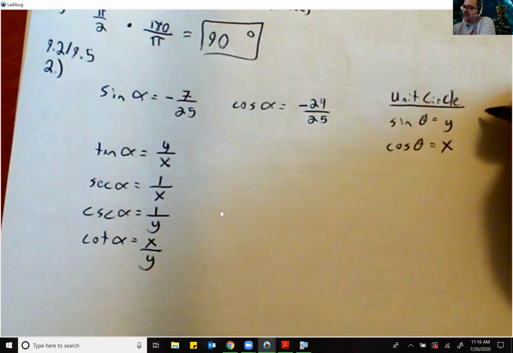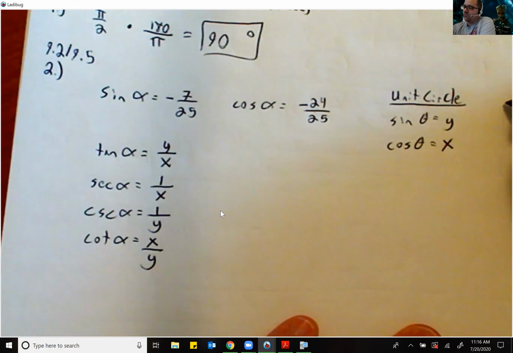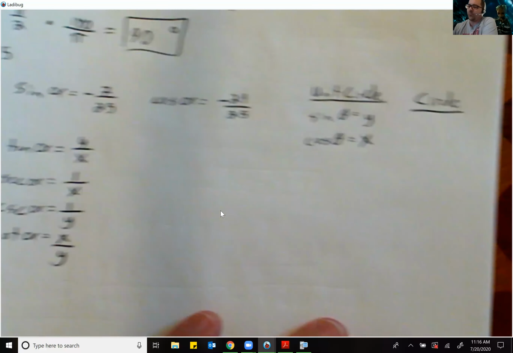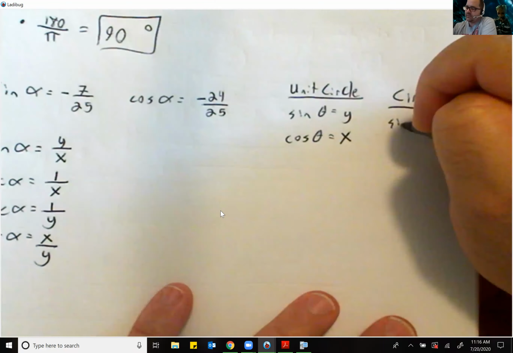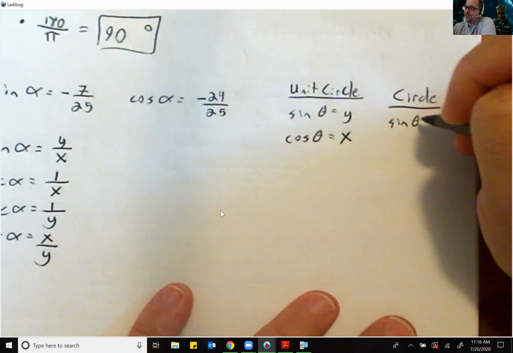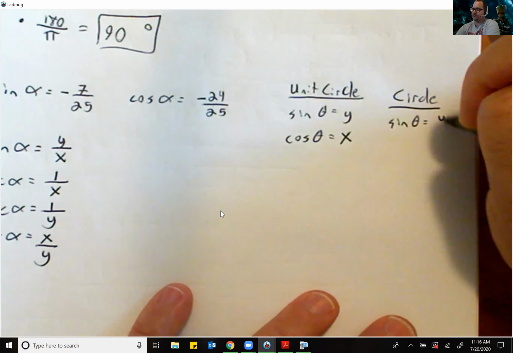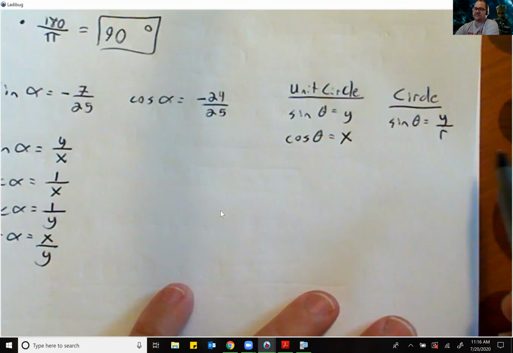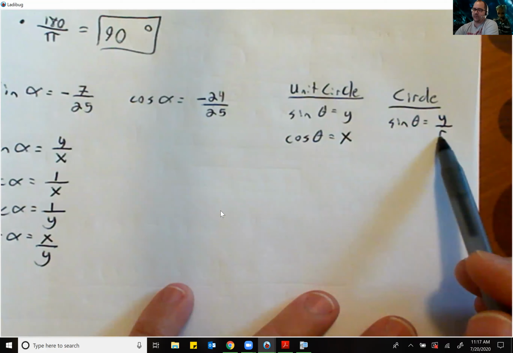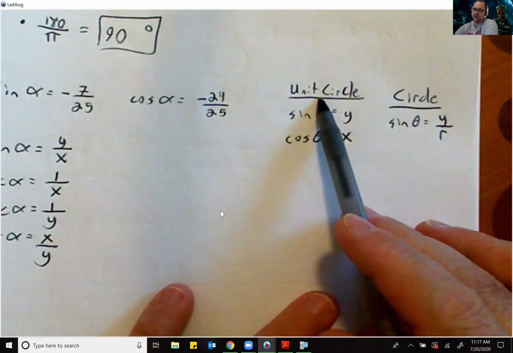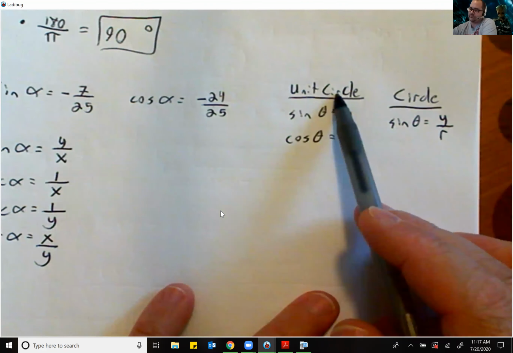In 9.5, when it was just based on any old circle, it's not the unit circle, but any circle, where sine of theta is equal to y over r. And r is the radius of our circle, where in the unit circle, you already knew what r was. R was 1.